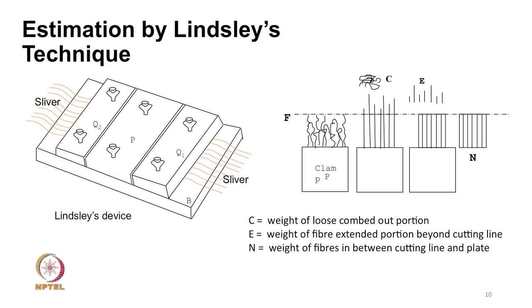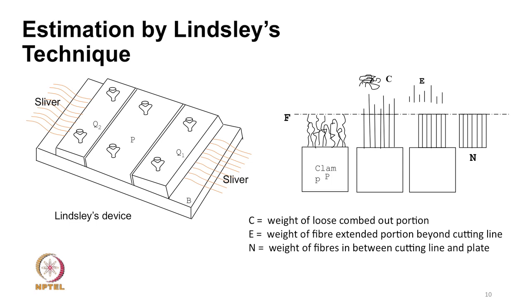Now, what we do? We remove one of these plates. Let us say we remove plate Q2, but before removing we will cut this sliver along the edge of the plate Q2. After cutting, we remove this part of the sliver from here, and then we remove the plate Q2.